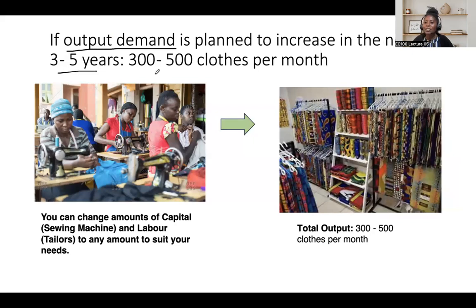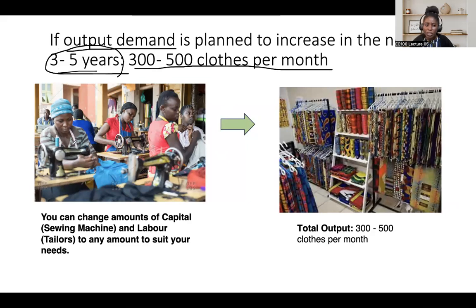Her name is growing, her brand is known, people are coming to her, so many, she's been increasing here and there, still fixed on some things. But now she's thinking of growing to get to this target where she can produce 300 to 500 clothes per month. That's huge. That is big, right? So 3 to 5 years is a long enough time to make plans whereby she can increase everything she wants, okay?